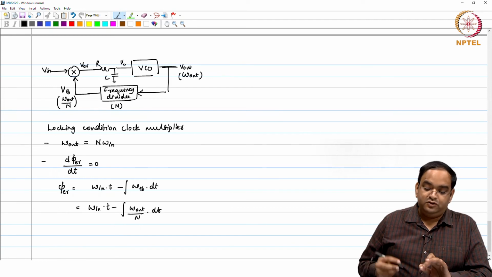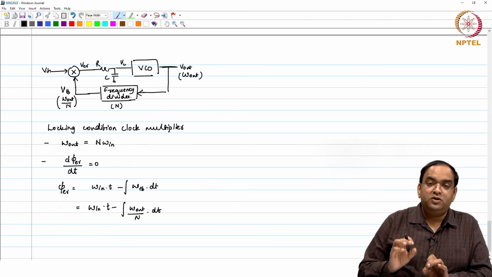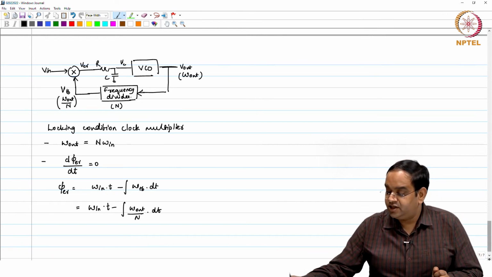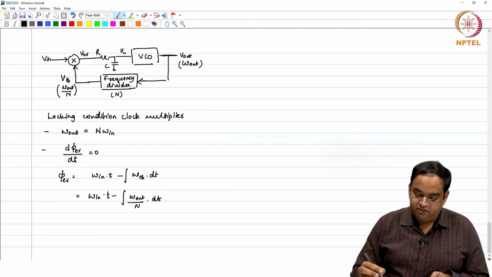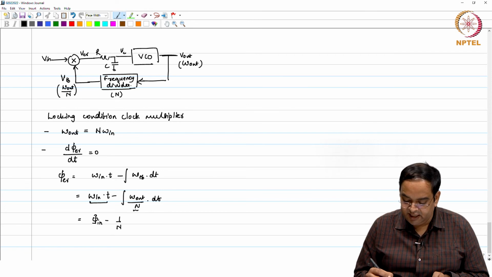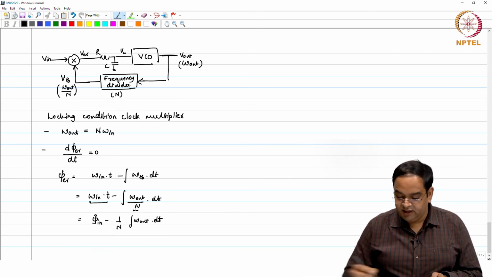You should be able to lock the PLL with a frequency multiplication at the output. If you look at it, this is a little interesting: integral of omega in dt is phi in, and 1 by n is a constant here, I can take n out, and do this omega out integral dt.